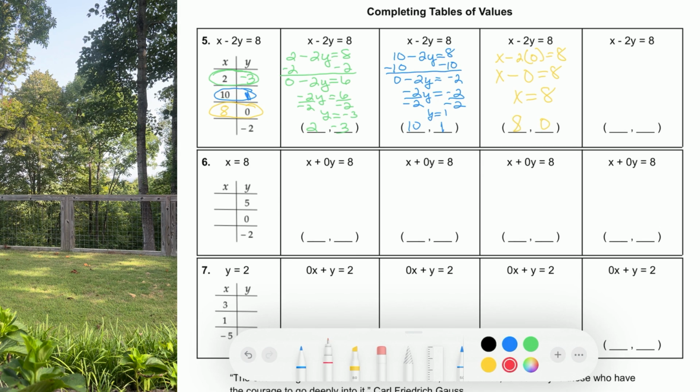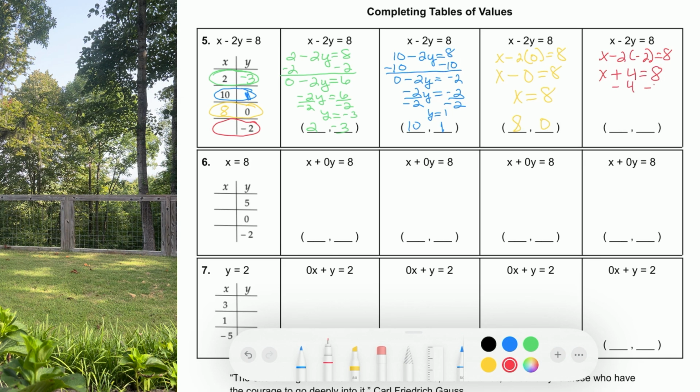Last one for this particular chart. Using the same equation, I know that my y is a -2 in this scenario. So I have x minus 2 times -2 equals 8. -2 times -2 is a positive 4. So I'm going to put plus 4.